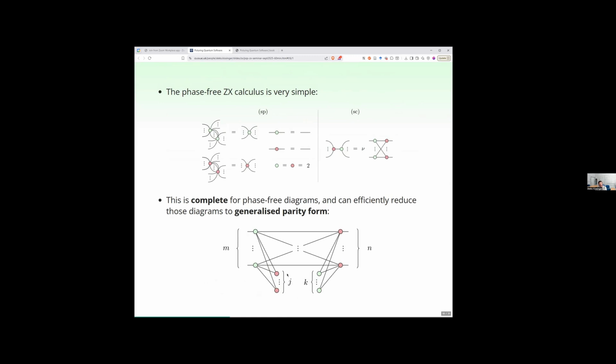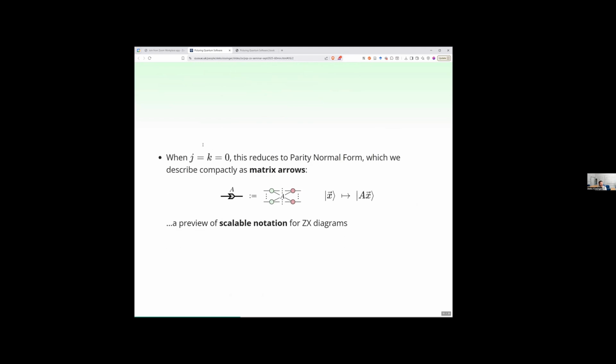These are quite useful for quantum error correction later. But when we're thinking about CNOT circuits, we can assume that these are 0. And when those are 0, we can just represent the action of this map by some Boolean matrix. What this unitary does is it maps a basis vector to this Boolean matrix times the basis vector.